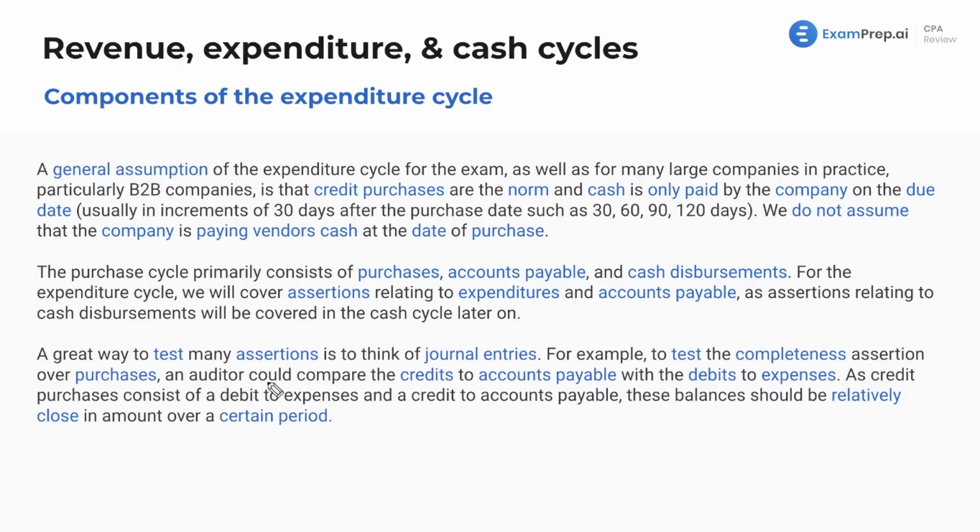But here, an auditor can compare the credits to accounts payable with the debits to expenses, because if we incur an expense, we're going to debit expense for, let's say, $10,000. We're going to credit accounts payable for $10,000. So that should be very similar just to how AR is with sales. As credit purchases consist of a debit to expenses and a credit to accounts payable, these balances should be relatively close in amount over a certain period. Makes sense, kind of what we saw before, just on the flip side.